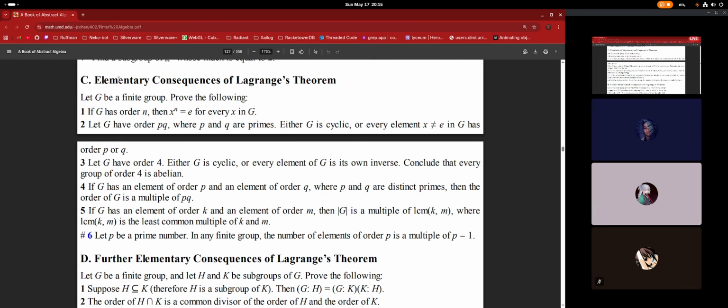The non-interesting option is if you pick the identity or the element that's already in the subgroup to build the coset, and that just gives you the same subgroup. Or you can pick an element that's not in there, and then what happens?